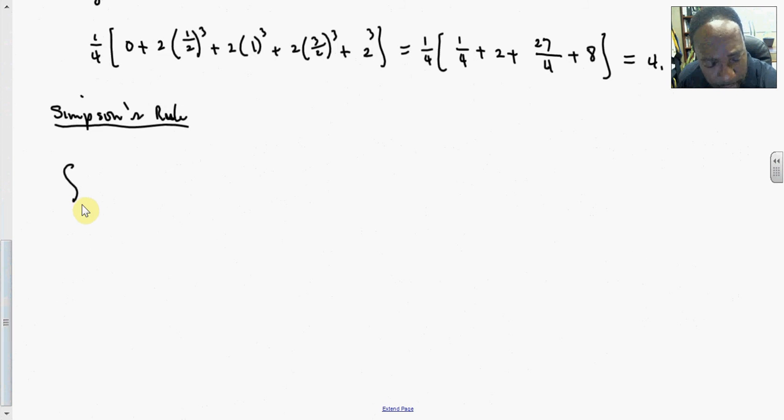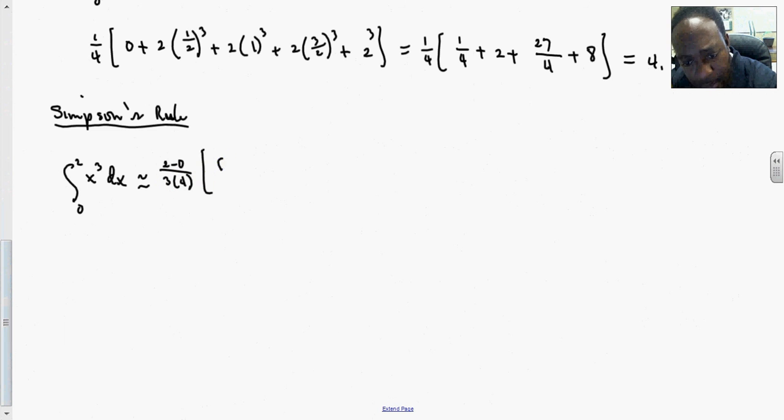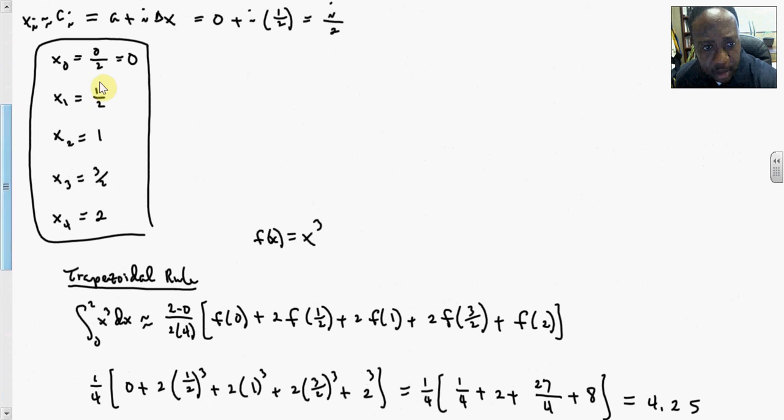So we say that the integral from 0 to 2 of x to the third dx is approximated using the Simpsons rule. This becomes b minus a, which is 2 minus 0, over 3 times n, which is 4, times f of 0 plus 4 times f of 1/2, using those numbers that we got: 0, 1/2, 1, 3/2, and 2.